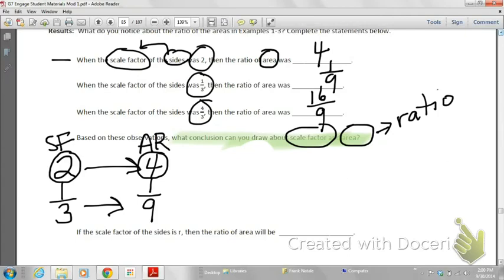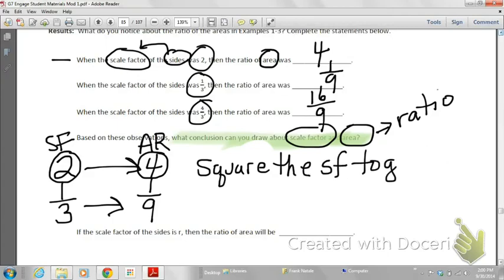Hopefully, since we've been talking about square units this entire time, maybe some of you thought, hey, I can square the scale factor to get the area ratio.